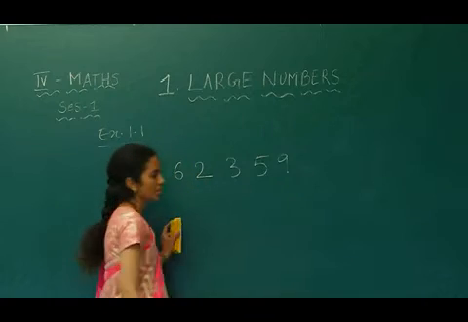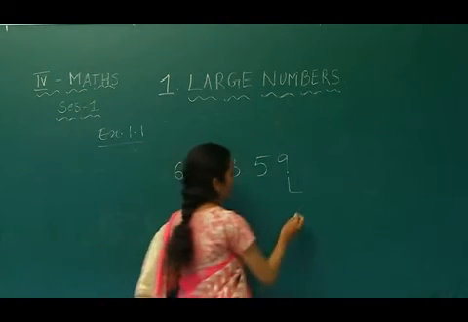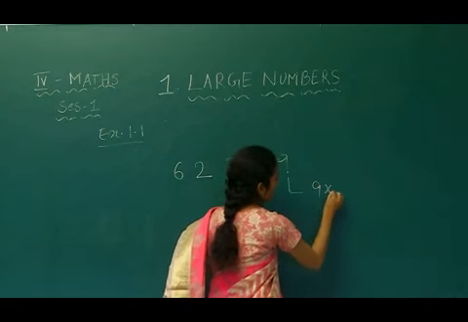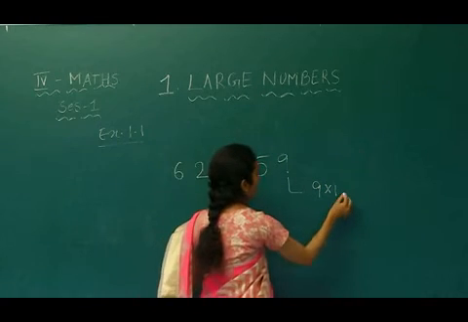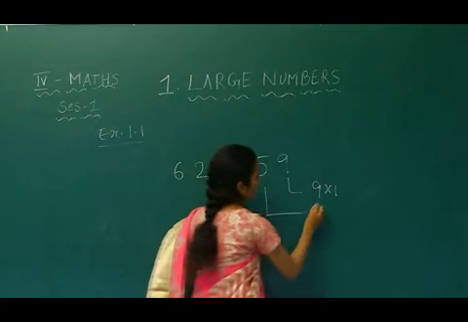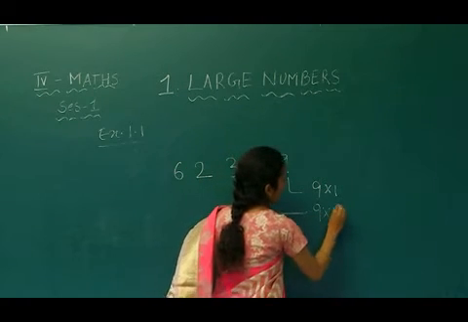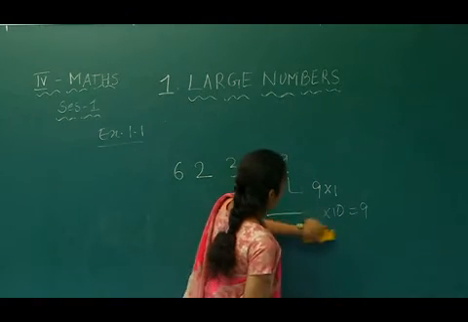So, what is it? Ones place. Ones means what is the value of 9? 9 into 1. It is in ones place, means multiply with 1, that is 9 into 1 is 9. This is in tens place. So, multiply with 10. 5 into 10.